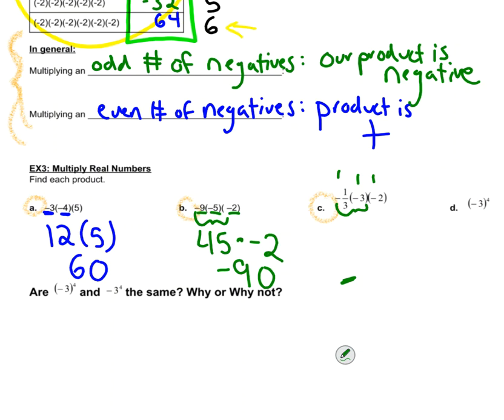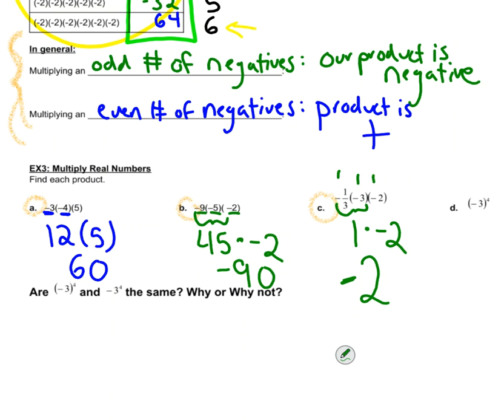Well, 1/3 of 3 is 1, and negative 1/3 times negative 3 will still give us that positive 1. Two negatives make a positive. 1 times negative 2 is going to give us negative 2. And look, what I predicted before, because I had three negative numbers, I predicted my answer should be negative. It was correct.